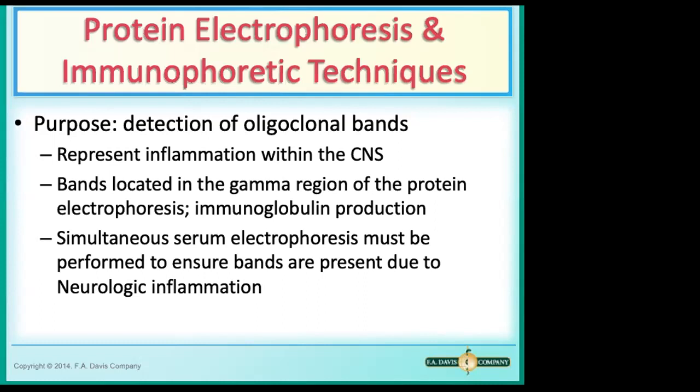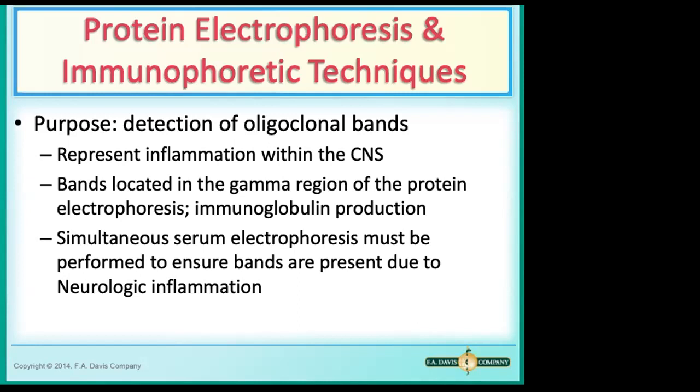The bands are located in the gamma region of the protein electrophoresis, and that indicates immunoglobulin production. So when we do a CSF electrophoresis, to ensure that the oligoclonal bands are present as a result of neurological inflammation, we have to run a serum electrophoresis at the same time. So we're always comparing whatever's happening in the CSF to whatever's happening in the serum.